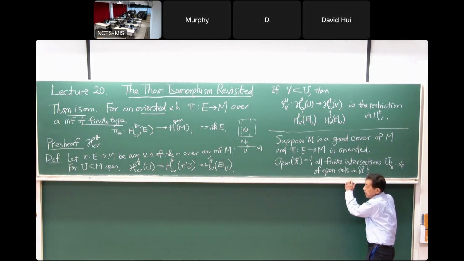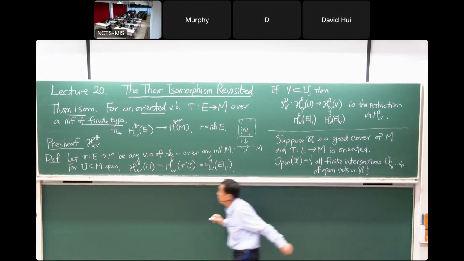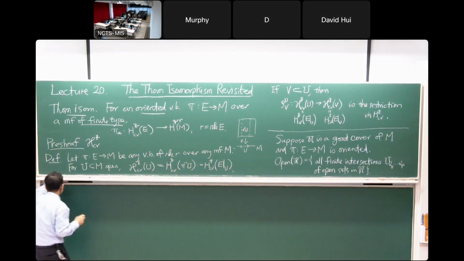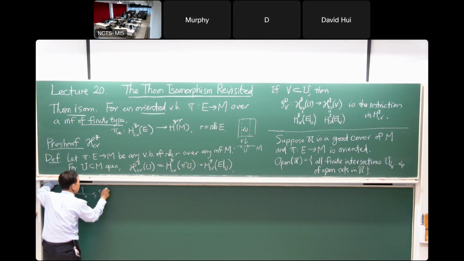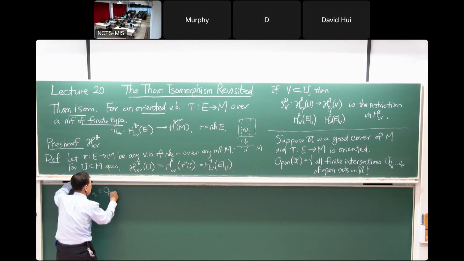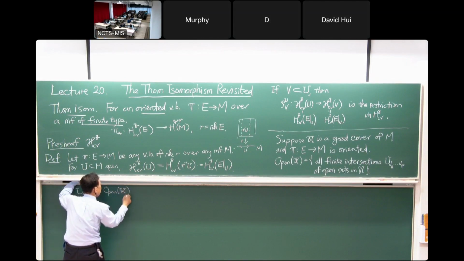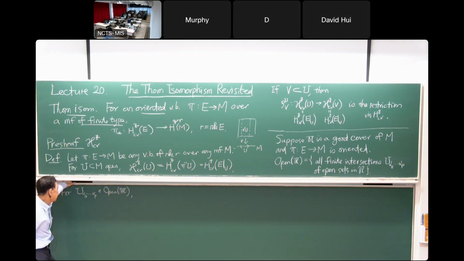All right, and so for an open set that's a finite intersection in this good cover, it's diffeomorphic to R^n.